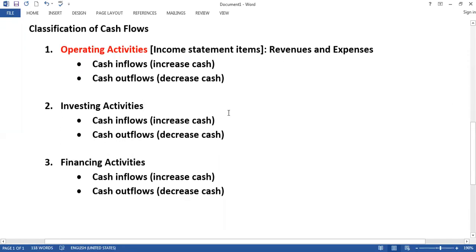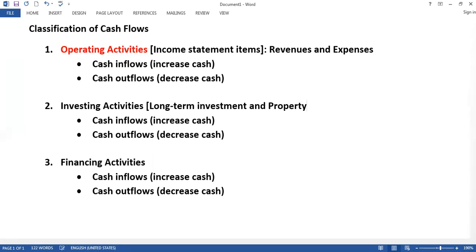Then what are the investing activities? This is called long-term investment and property, plant and equipment.